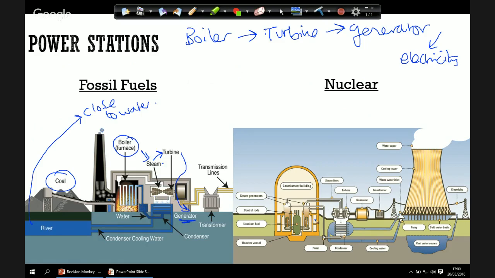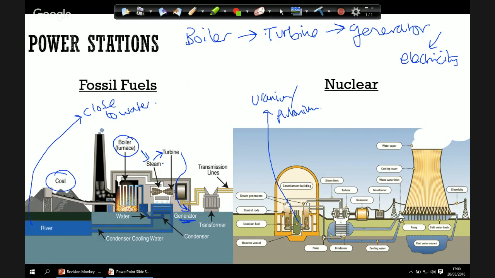Now exactly the same principle happens in a nuclear power station, but you get this domed shape structure in it instead, and this is where the nuclear reactions go in. So inside this dome shape, and you'll recognise it's slightly different to the fossil fuel one, there'll be a reaction vessel, and in here you will have your radioactive material like uranium or maybe plutonium.